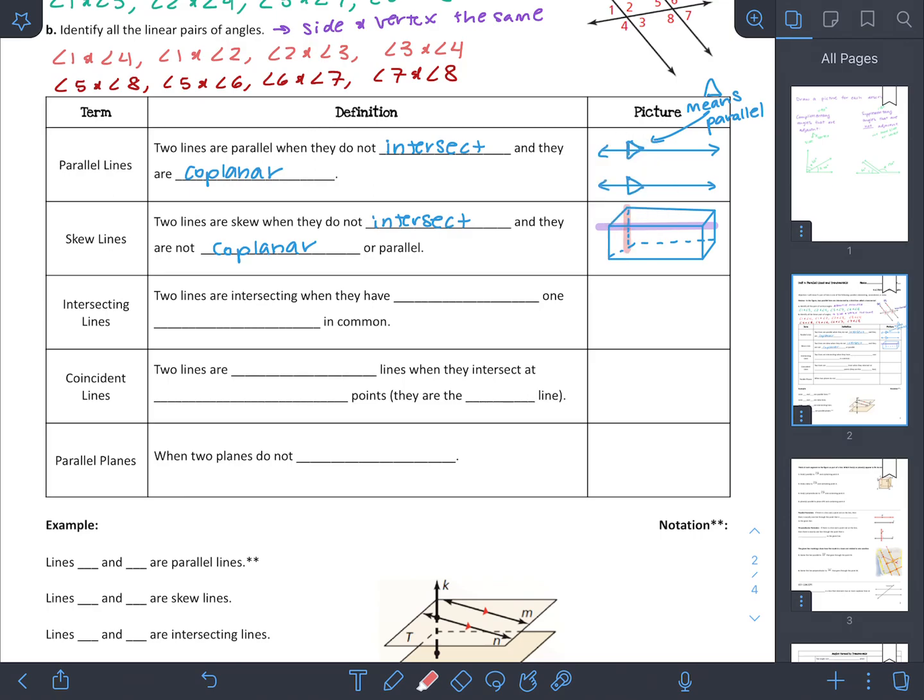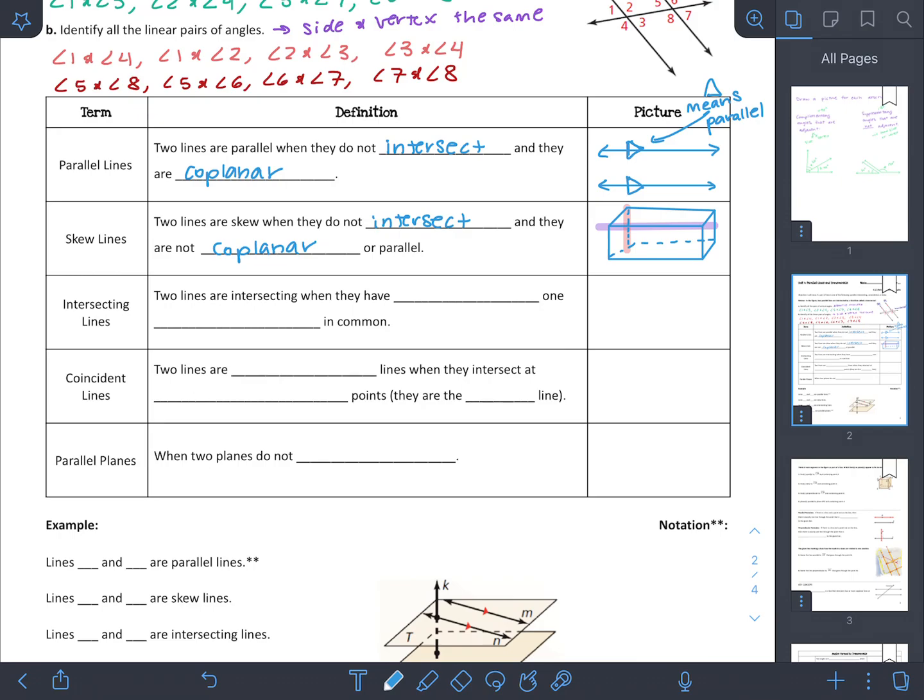So skew lines are kind of weird. You'd have like one on one plane going one way, and then you'd have another line on another plane going another way. So they're not parallel to each other. They're on different planes, but they also don't intersect. So they're skew. So very kind of a strange concept there, but hopefully that'll make more sense as we work through and if you see it in context.